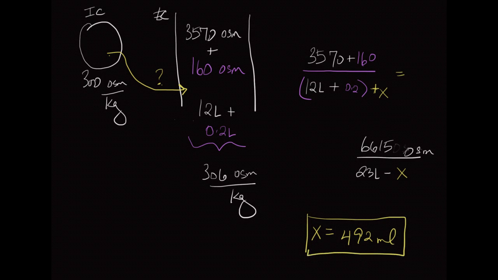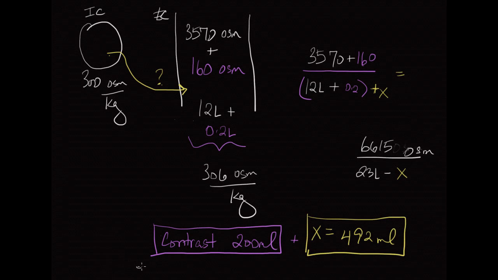492 mLs. If you remember, we administered a contrast load of about 200 mLs. So this patient actually received the sum of these two. So the effective volume that this patient received was more than the 200 that you gave.